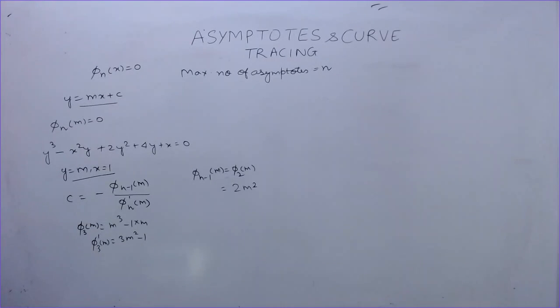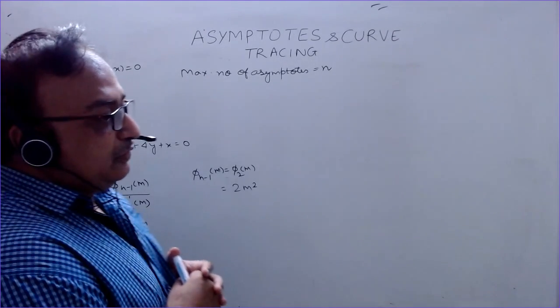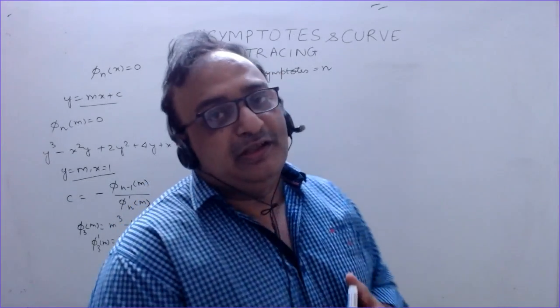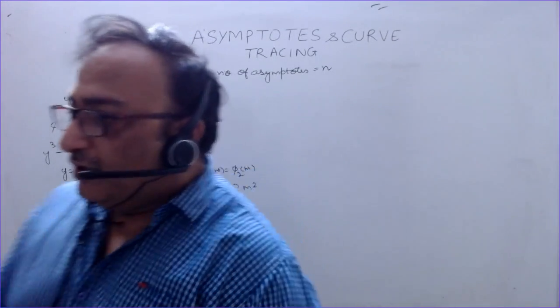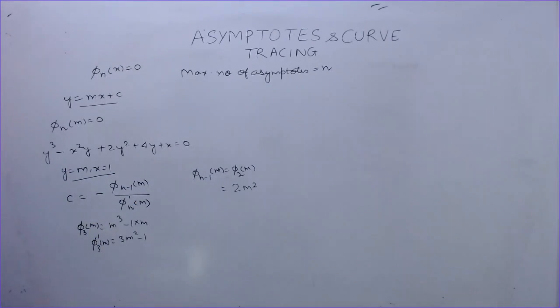Now this is the procedure when we don't have the parallel asymptotes. Suppose you get more than one values of m which are same. In that case, the asymptotes will be parallel. So there is also a procedure for finding the parallel asymptotes.